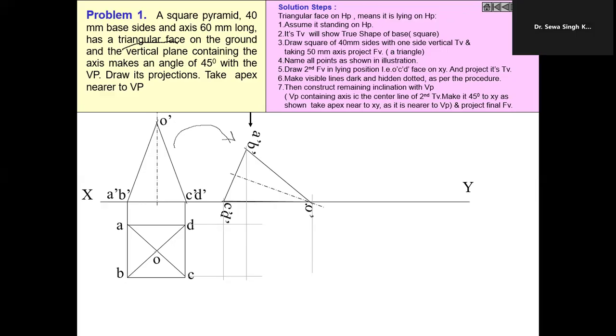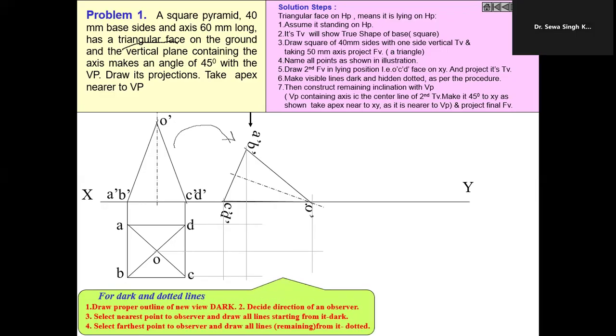Take projectors from the previous view and locate the points. In this case, some edges are hidden and some are visible. So to identify them, we have to draw a proper outline, meaning all the points lying on the outline are joined with dark lines.